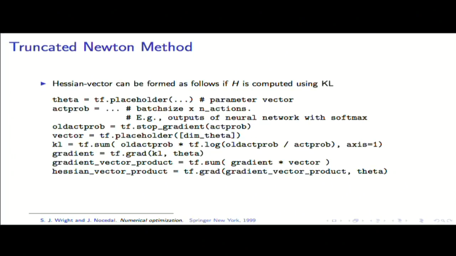If you have a discrete distribution over actions, the KL divergence is the sum of probability times the log of the probability over the other distribution. So this is KL between P and Q, if these are two discrete probability distributions. So you construct this KL divergence.